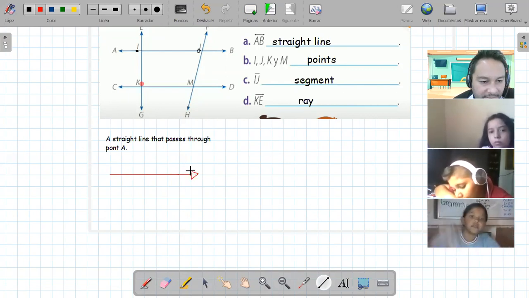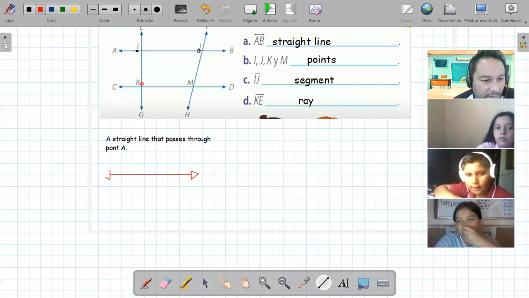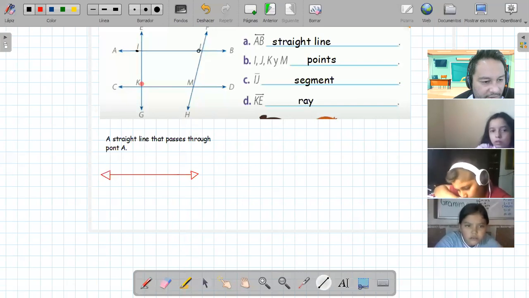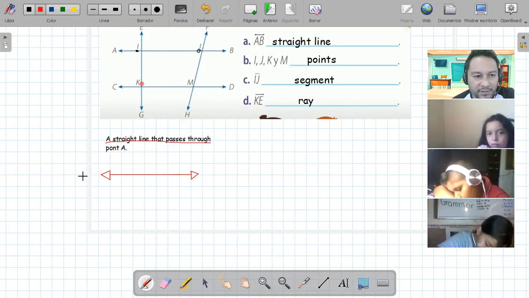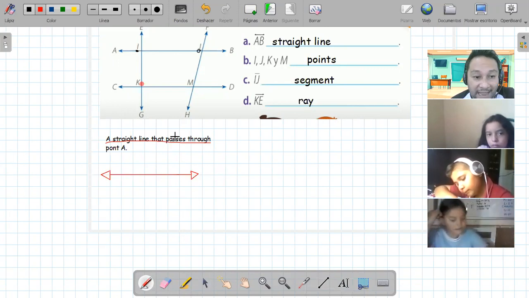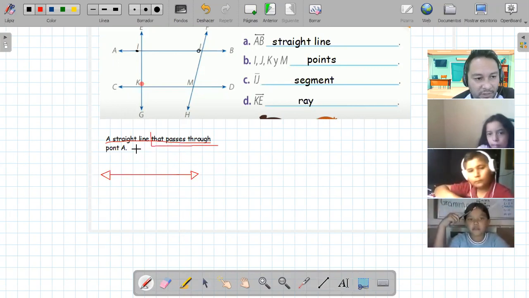You did it? No, it's a ray, I haven't finished. This is the first part: a straight line that passes through point A. We already did the straight line. Now it says that it passes through point A. What does it mean?